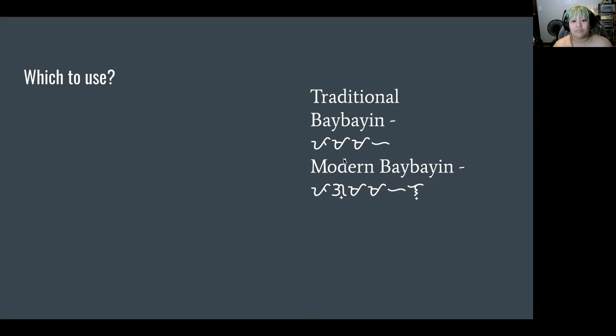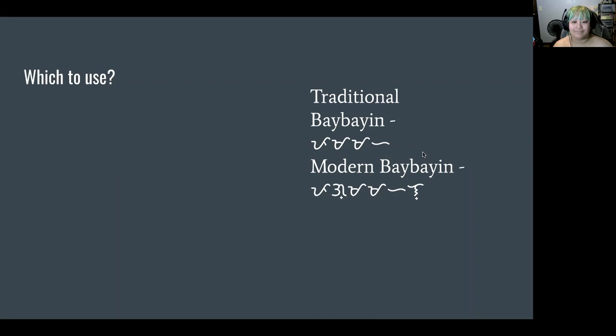So here we have the word pagmamahal. In the traditional Baybayin, it just says pa, ma, ha. In the modern Baybayin, it has the little consonant parts. So the g in pag and then the l in mahal.